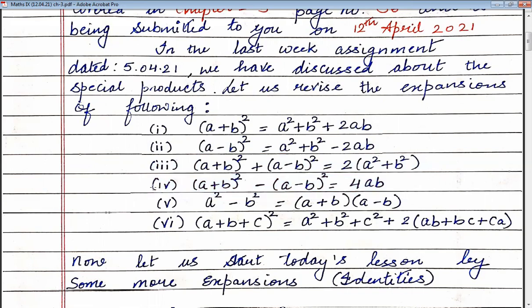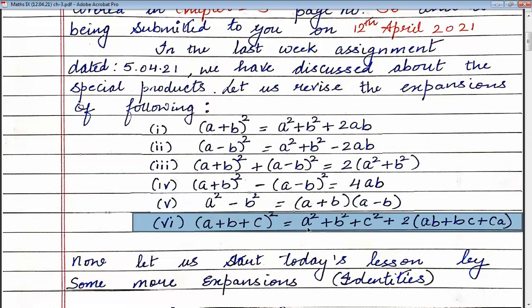The fifth: a square minus b square is equal to (a plus b) times (a minus b). The sixth one is (a plus b plus c) whole square, which is equal to a square plus b square plus c square plus twice (ab plus bc plus ca).